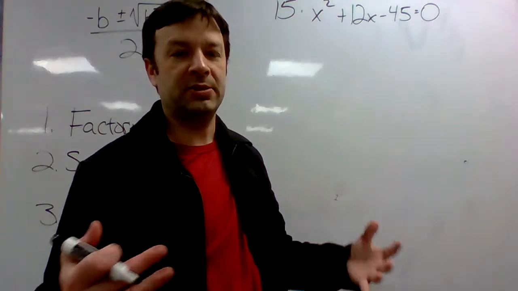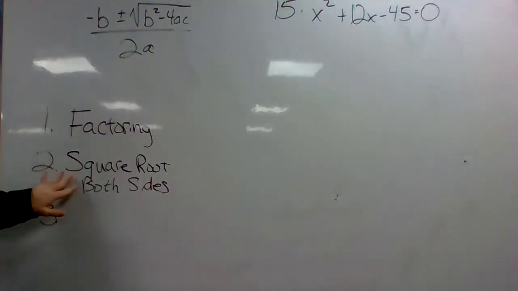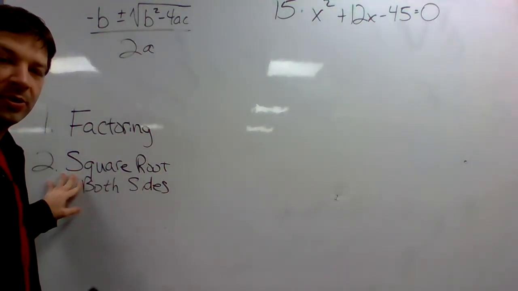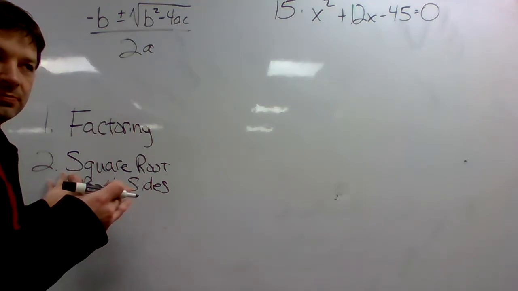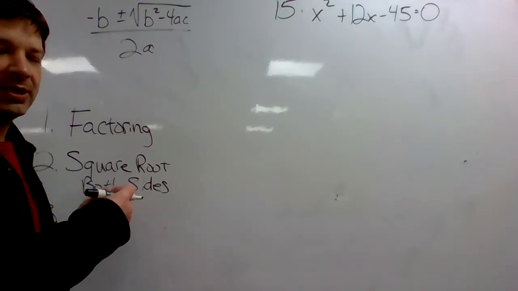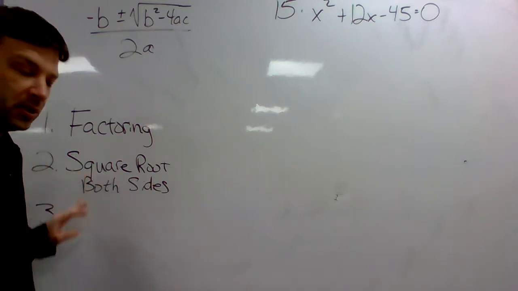If yes, it's factorable. We can use that method. Okay. Square roots. The square root method only works if you can isolate the square on one side. It doesn't work on all kinds of problems. I'll talk a little bit more about that.